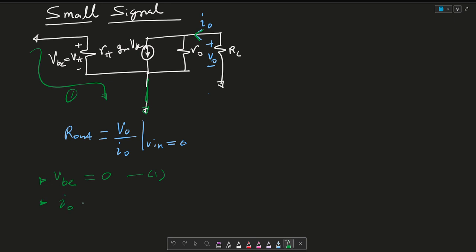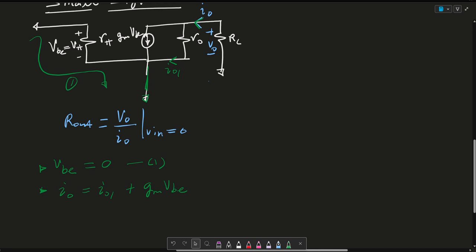I'll say that IO is equals to IO1, or the current that's going in this direction, plus GMVBE. And as a result of this, IO is equals to IO1 plus 0, because again, this goes to 0. So then, or just IO1. And this is my equation 2.